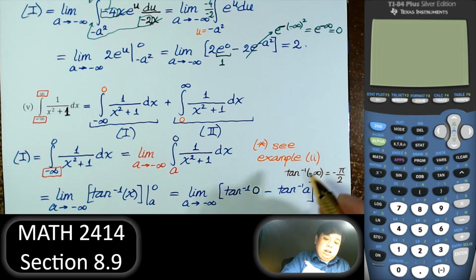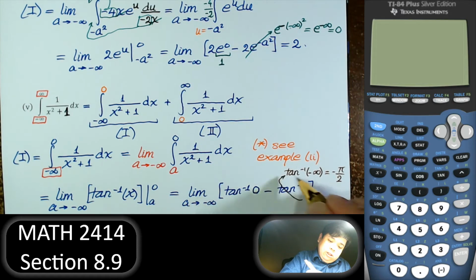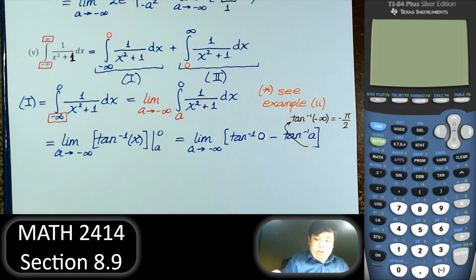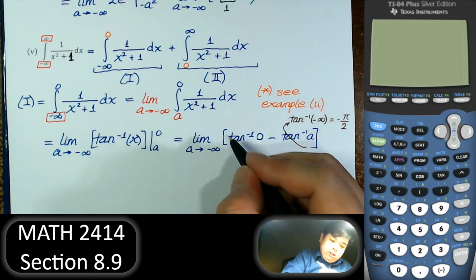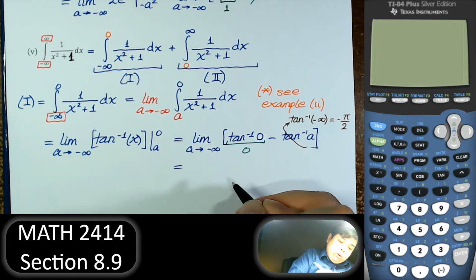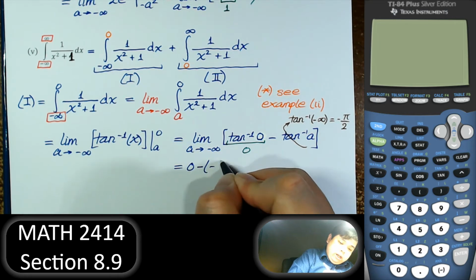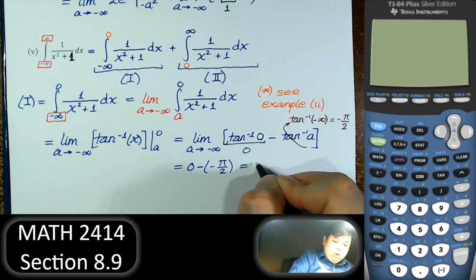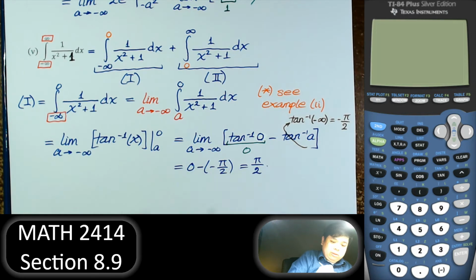And tangent inverse of 0 is still 0. So this integral equals 0 minus negative pi over 2, which is pi over 2.